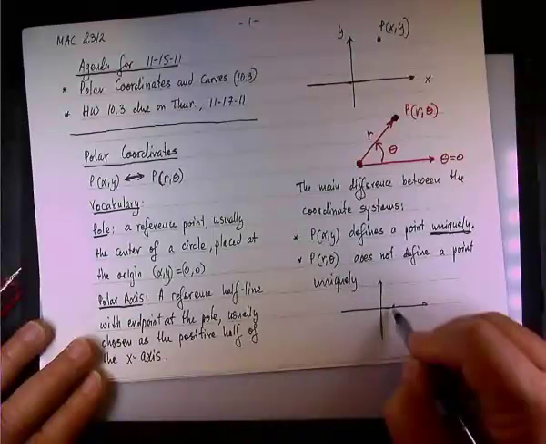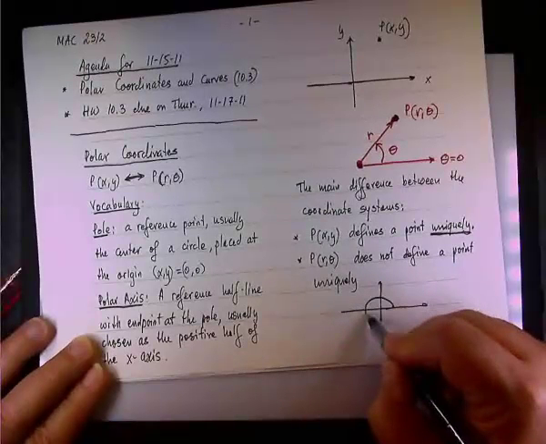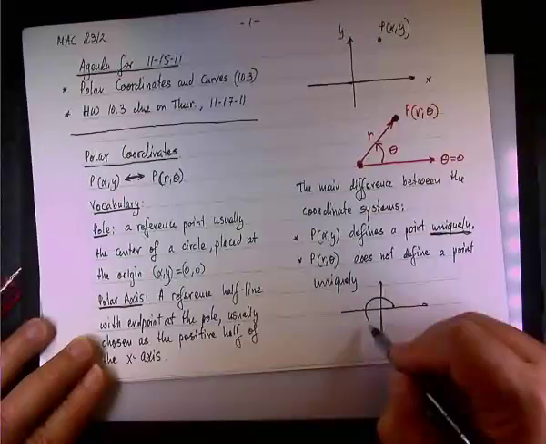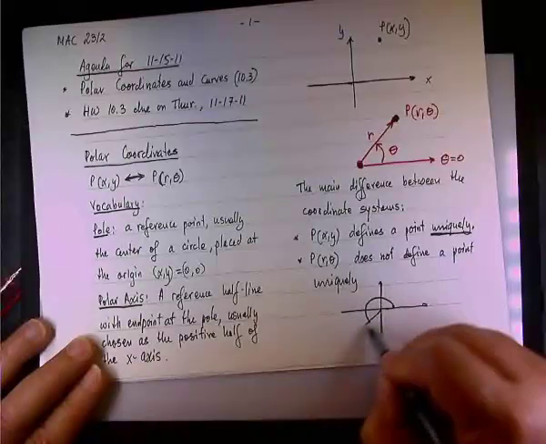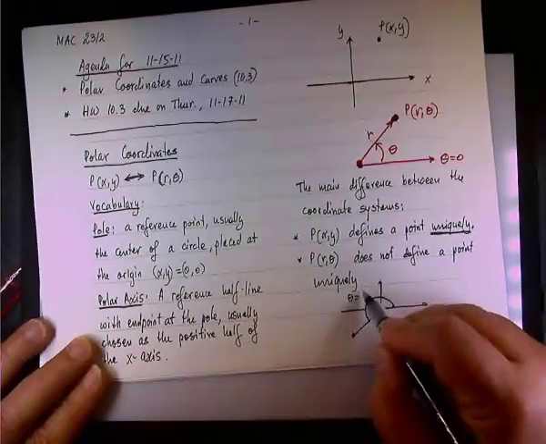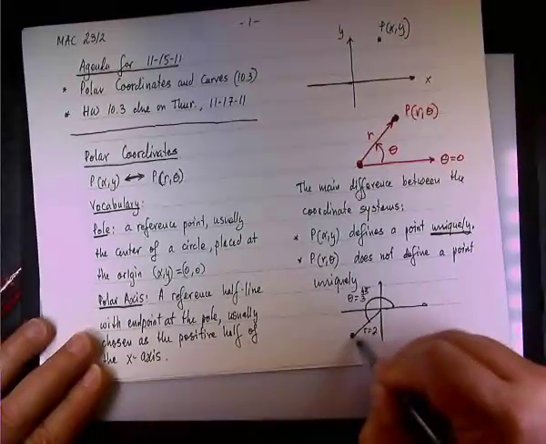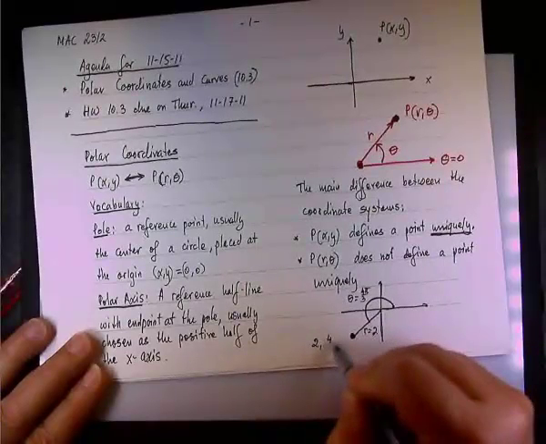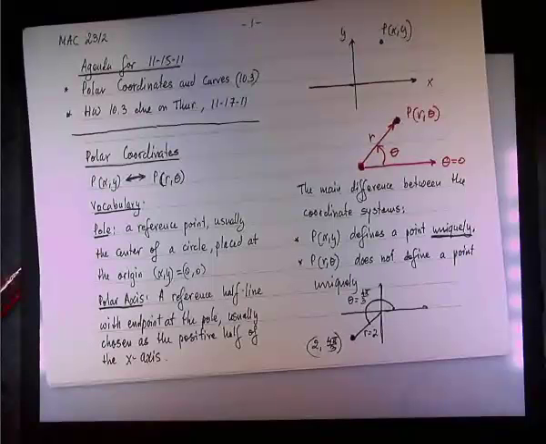Well, let's first measure the angle. Let's go with 4 pi over 3. So we go pi over 3 past the pi, so we are right here. And if r equals 2, so this is theta equals 4 pi over 3, and this is r equals 2. So this point is 2, 4 pi over 3.